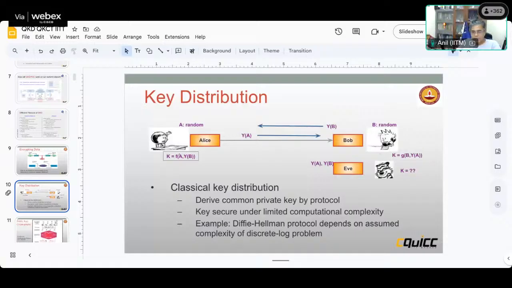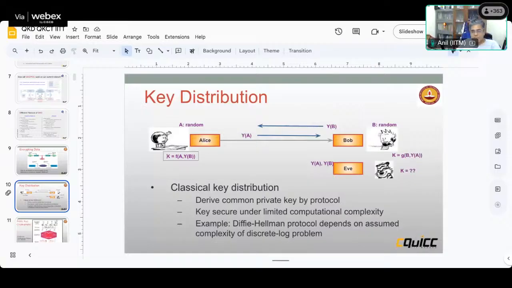On the transmit side, it's function a with y of b, and on the receive side, you have k, which is another function b times y of a. Y of b and y of a are the channels, right? You're transmitting a and transmitting b, and you get y of a and y of b on either side. It's a very common protocol. It's called the Diffie-Hellman protocol.